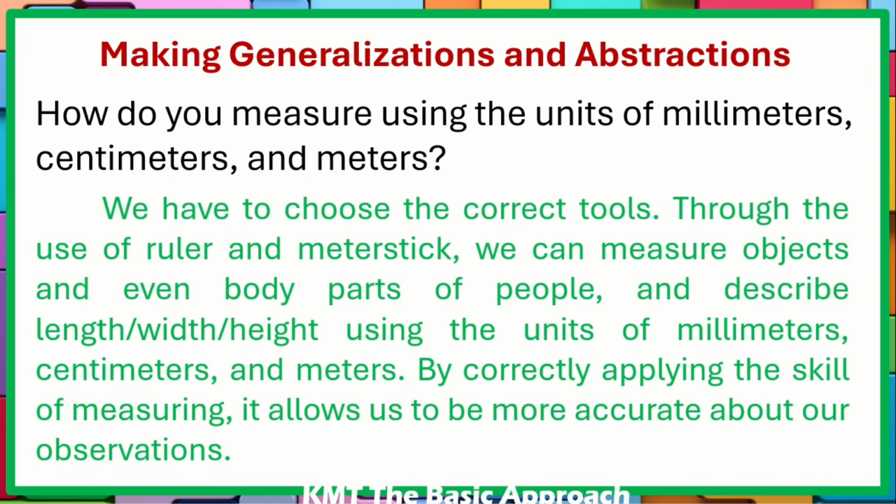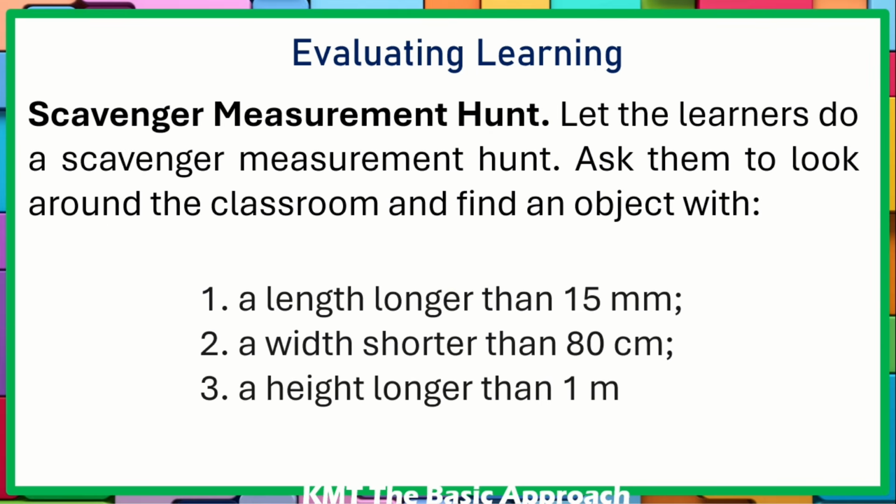Through the use of ruler and meter stick, we can measure objects and even body parts of people and describe length, width, height using the units of millimeters, centimeters, and meters. By correctly applying the skill of measuring, it allows us to be more accurate about our observations. Evaluating learning to be guided by our actual teacher.